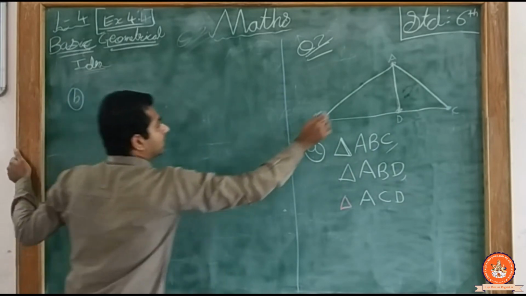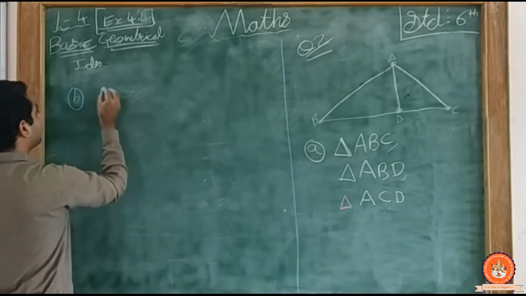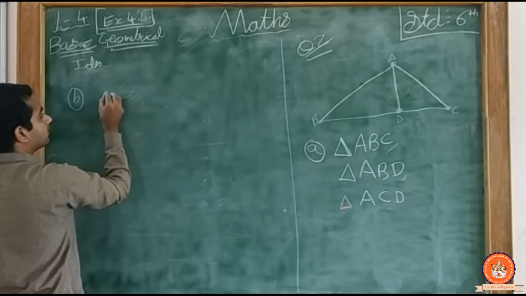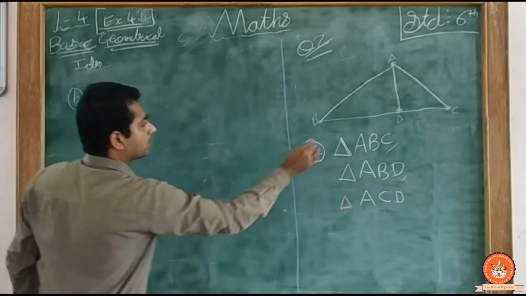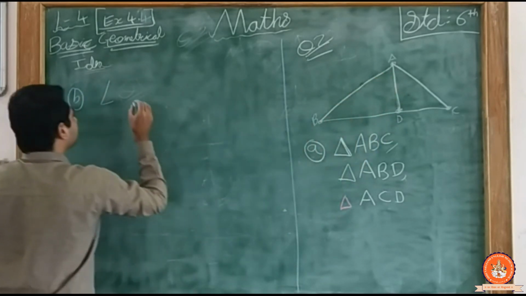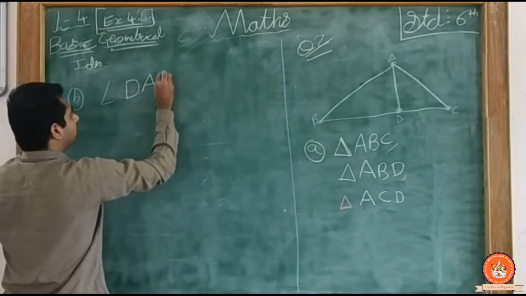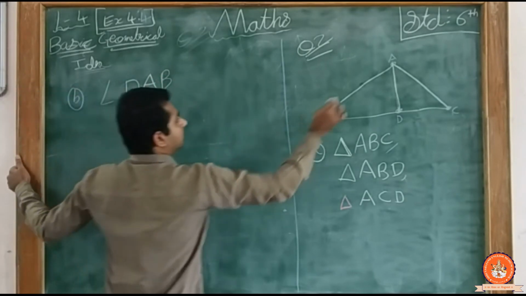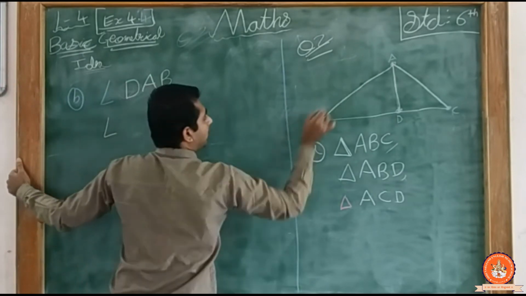So I can say for angle A, I can write like this, angle DAB. This is my first angle considered. Now second angle, ABD.